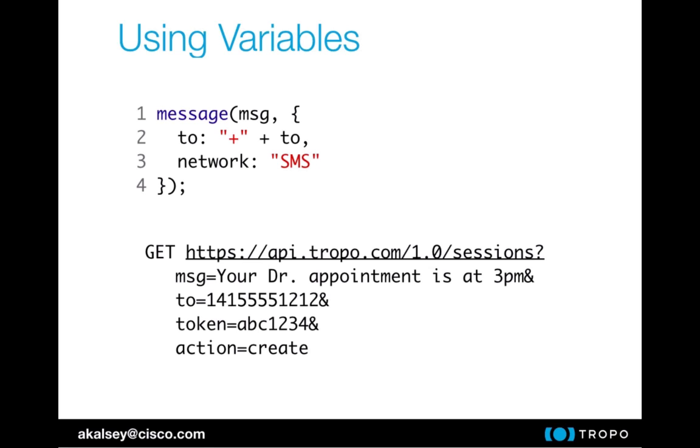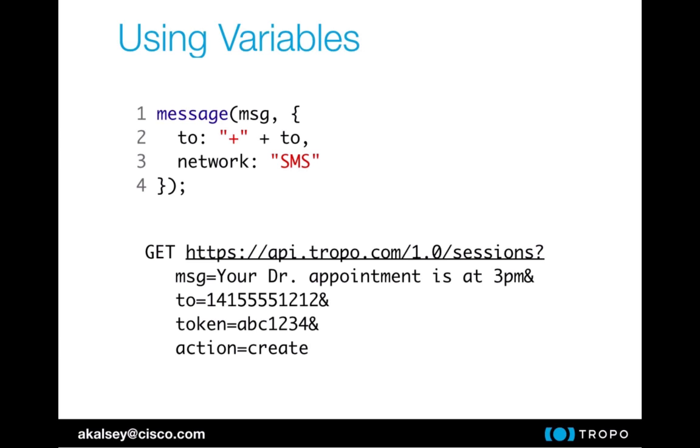And then down in my REST API request, that GET request, I still have the token and action equals create on there, but I've added 2 query string variables. One is message, your doctor appointment is at 3 p.m. The other is 2, and then the phone number that we're dialing to. So the query string variable 2 will become the JavaScript variable 2 that gets used on line 2.